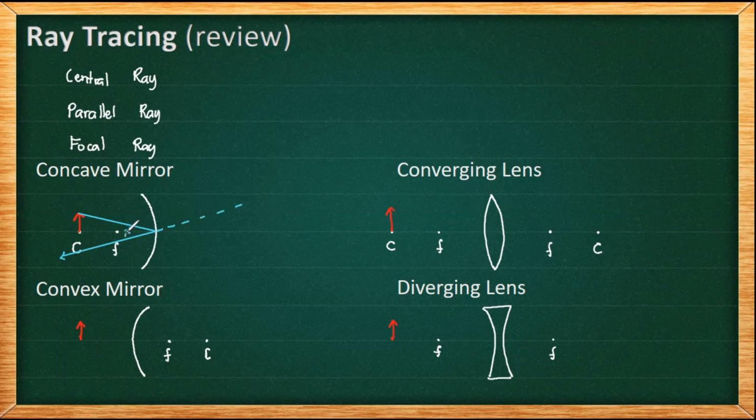This angle here and this angle are the same. For the convex mirror, the path of light will be the same. It goes to the center, and then it will be reflected back as if the light comes from this direction.